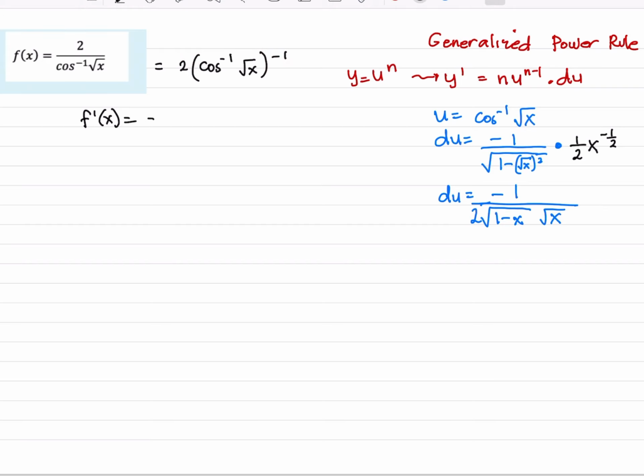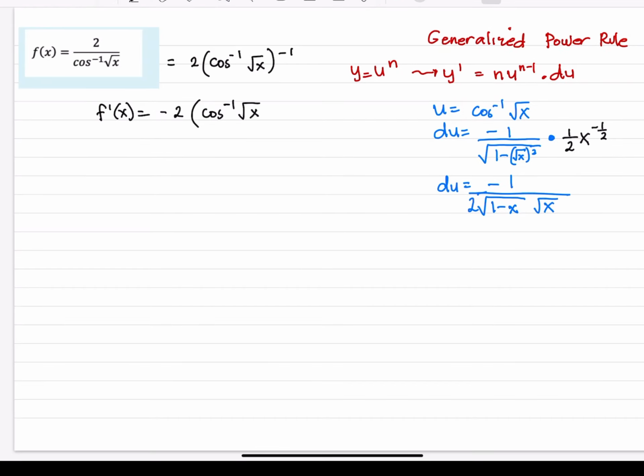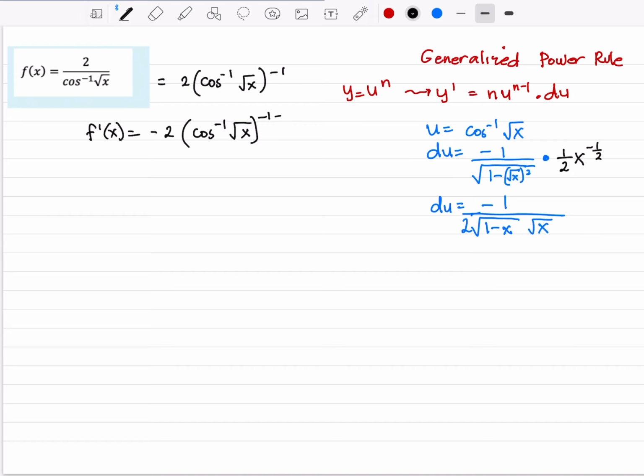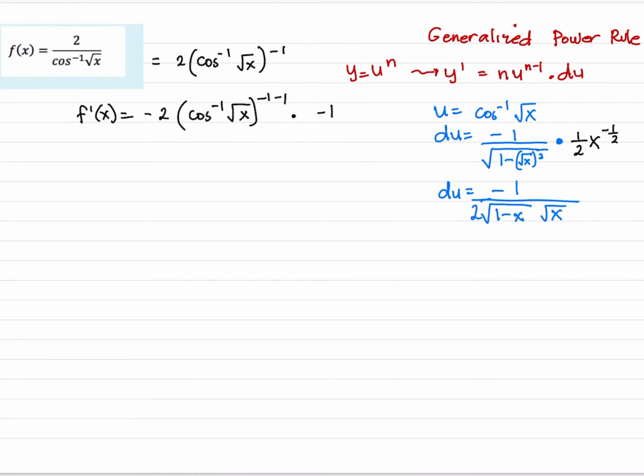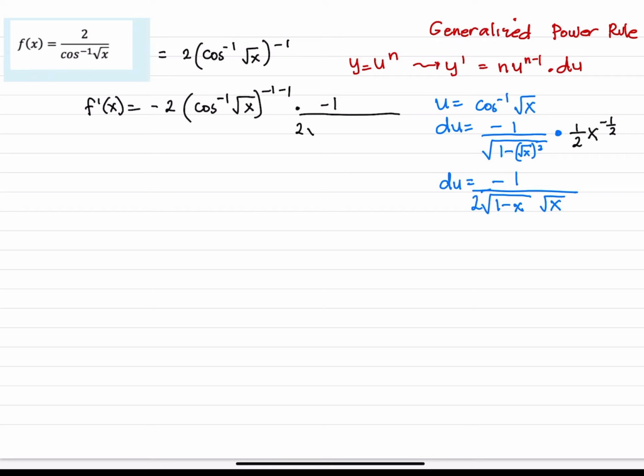So, negative 2 times arccosine of the square root of x raised to negative 1 minus 1 times the derivative of this, which is negative 1 all over 2 square root of 1 minus x square root of x. Okay, so let's simplify further.